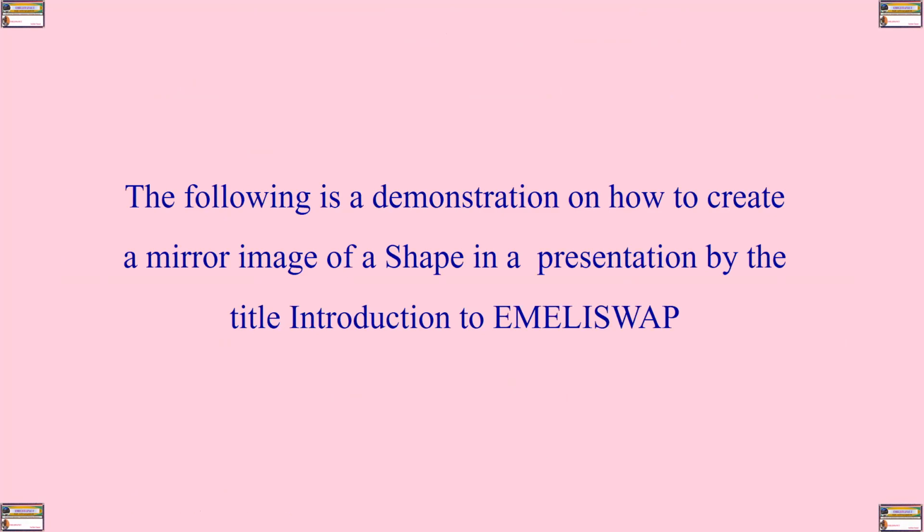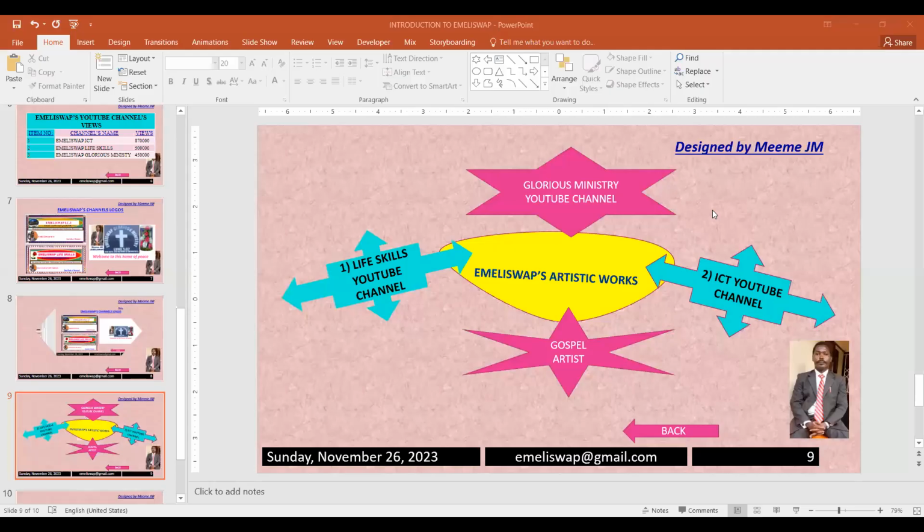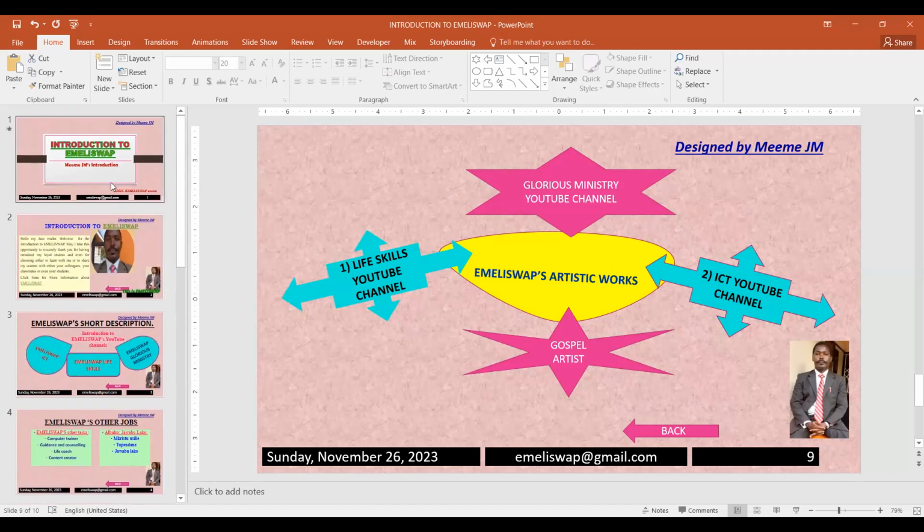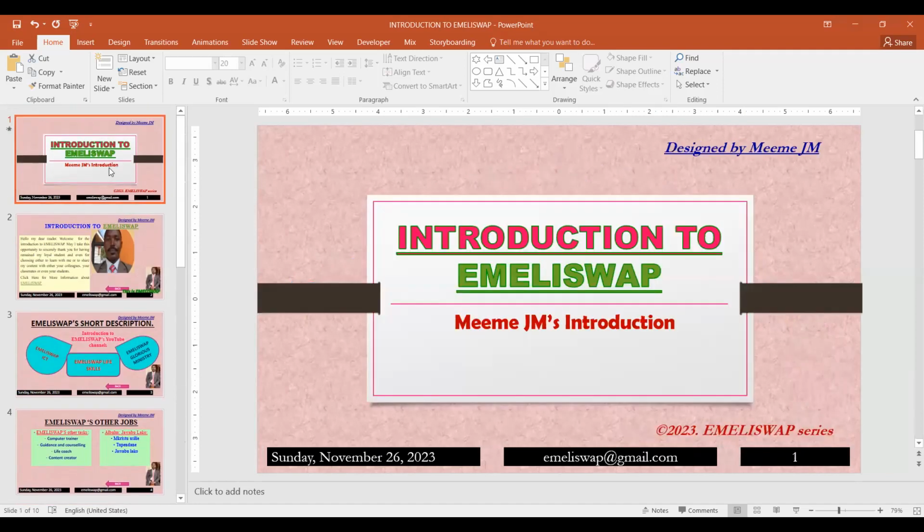The following is a demonstration on how to create a mirror image of a shape in a presentation with the title, Introduction to MLSwap. So while in this presentation, let's see which image we can create a reflection for.